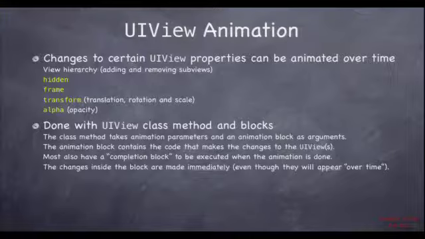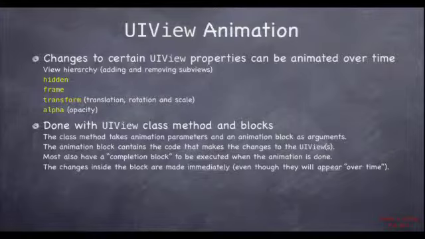Since this is a class method, it's not about an instance of a view. Any views you want, and all those changes will happen immediately, but then start to be animated over the duration. And this method also lets you specify what that duration is, if there's a little delay before you get started, and it also executes another block when it's done, when the animation has completed.